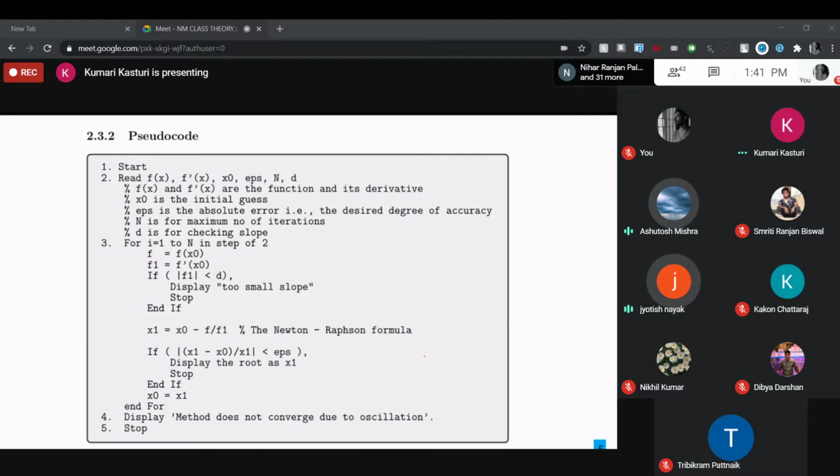Yes, write down the code. If you are not writing that, then in the lab class you will again tell me that we have not written. That's why I'm telling you. Please write it down. Tuesday lab, we will do that.